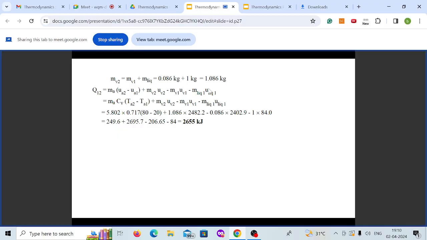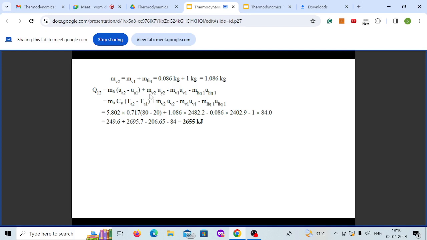So now we know how much amount of water vapor is present, and all the states. So we can find out the amount of heat which we have supplied. So Ma Ua2 minus Ua1, the change in internal energy for the air, plus the same for the water.